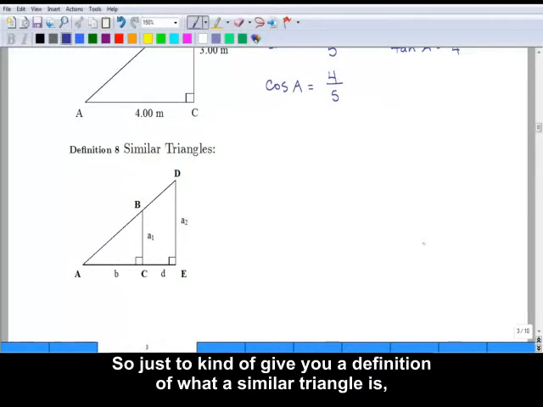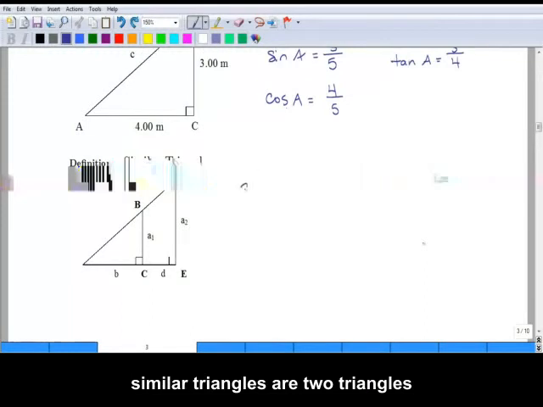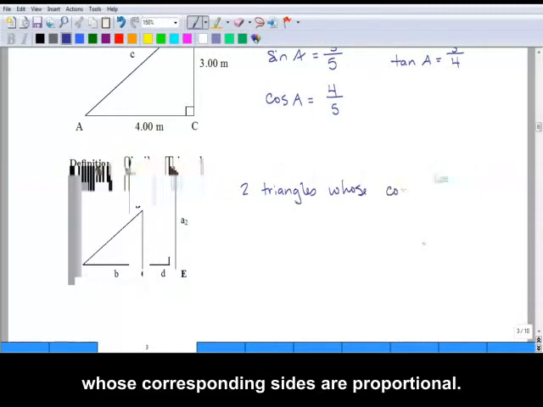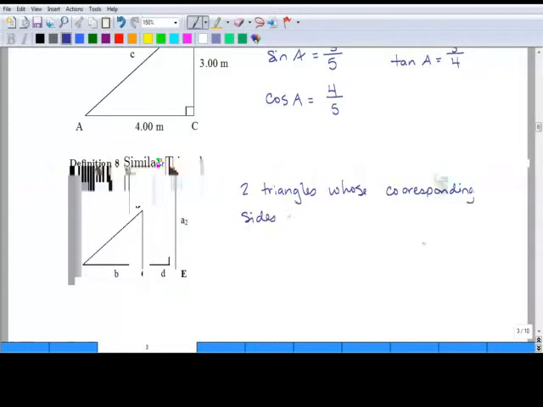So just to give you a definition of what a similar triangle is, similar triangles are 2 triangles whose corresponding sides are proportional.